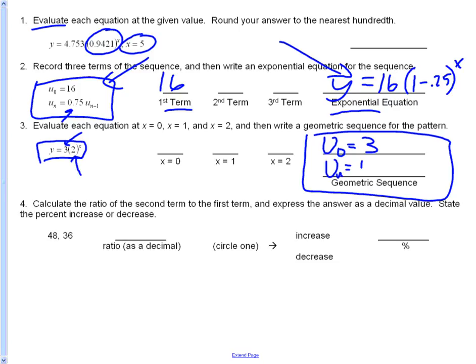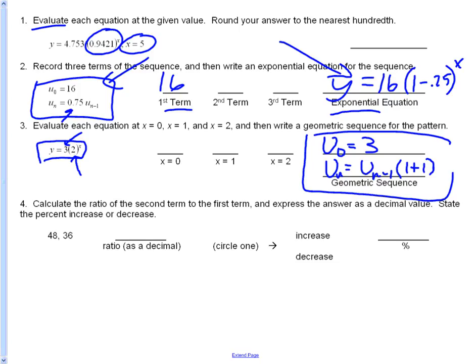U sub n minus 1, and then we use 2, but I would say 1 plus 1 to the x. Oh wait, that's an explicit kind of formula. Don't need that to the x. And that would just remind me that my growth rate is what? 100%. Because a lot of people see a 2 and they think it's 200%. It's not.